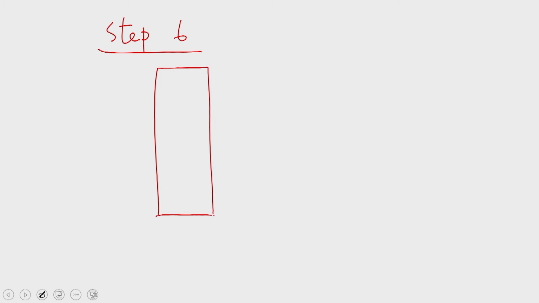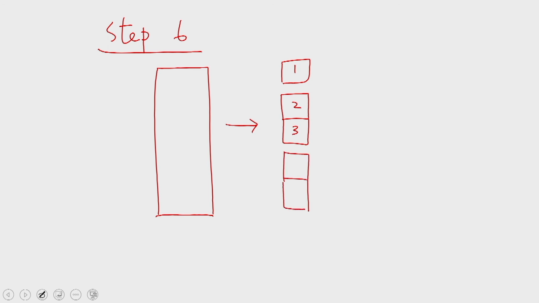So, step 6 is identical to step 5, except in that within every vertical slice we form pairs in this fashion. The first block does not pair with anybody, the second block and the third block will form a pair, then the fourth block and the fifth block will form a pair, and so on.